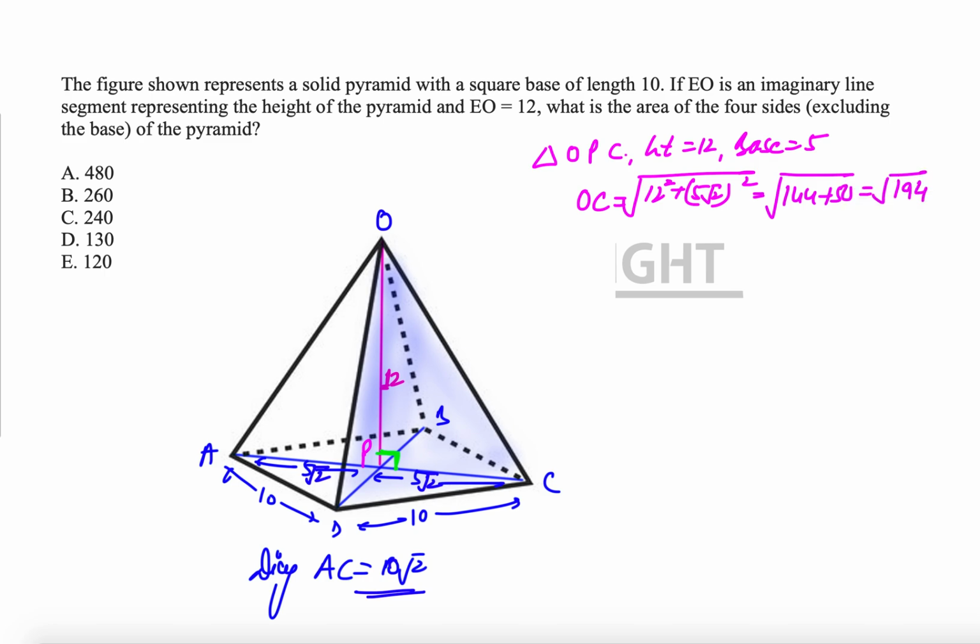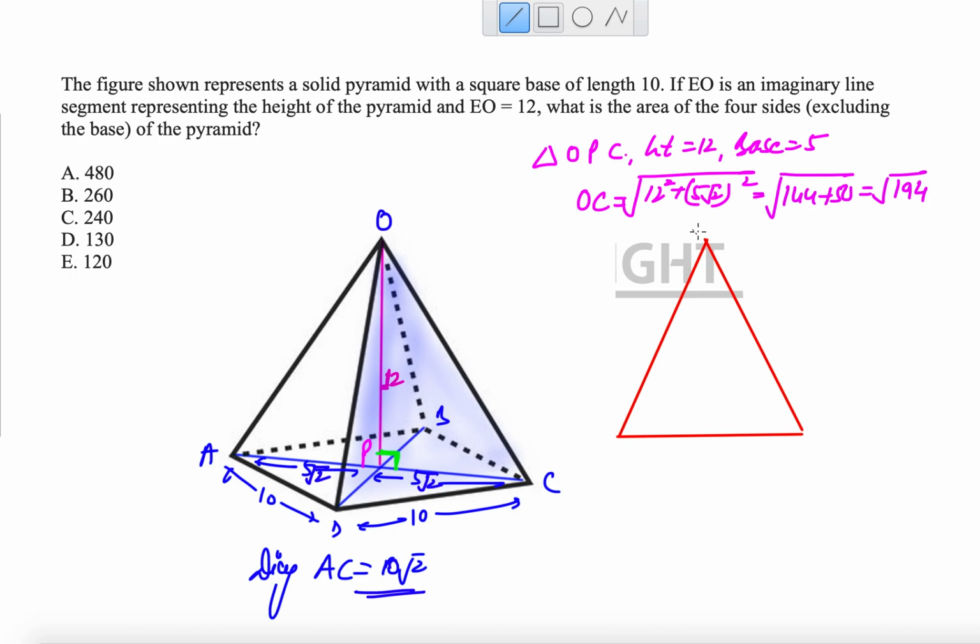Now the next calculation we need to make is to find the area of this triangle ODC. So for that I'm going to make a triangle ODC here. Let me just draw a triangle and take a line.